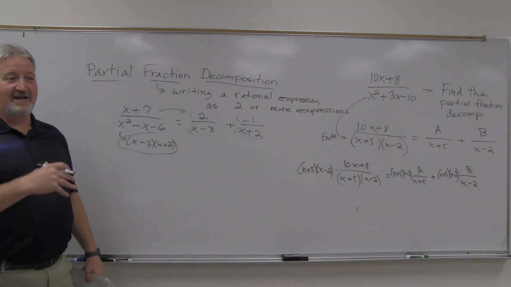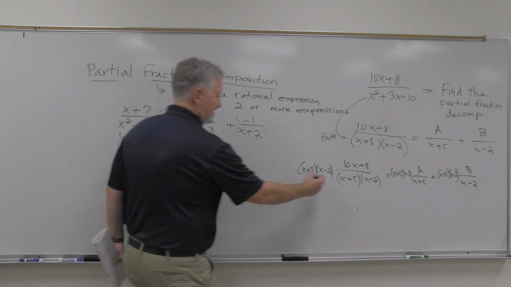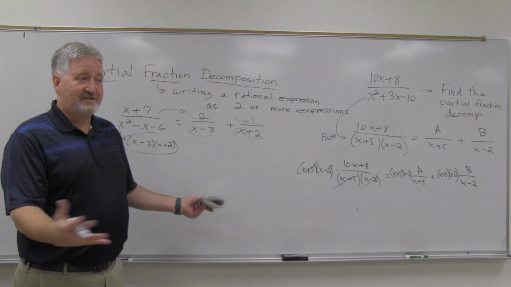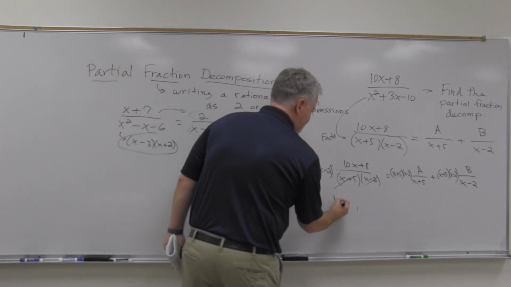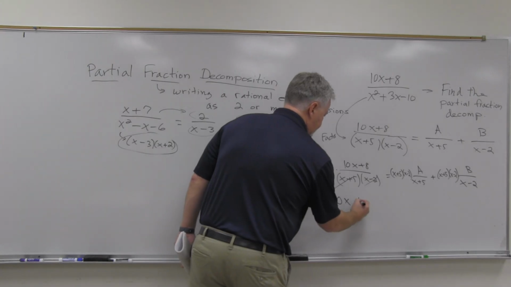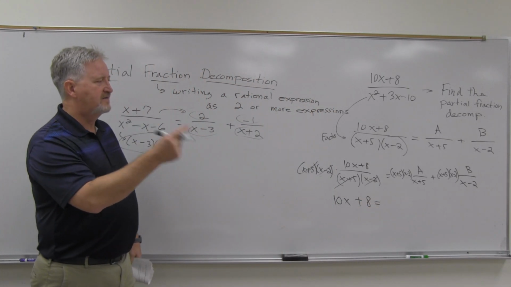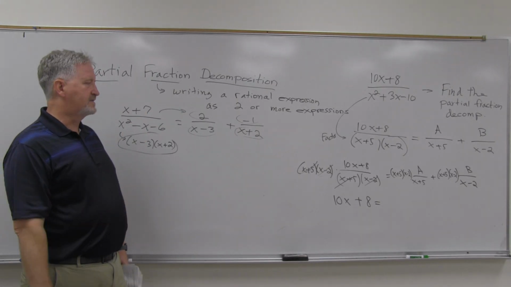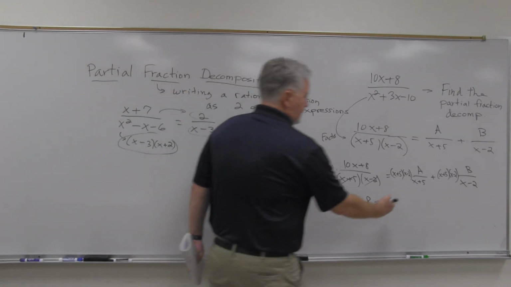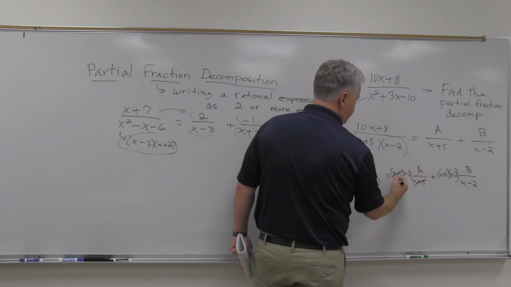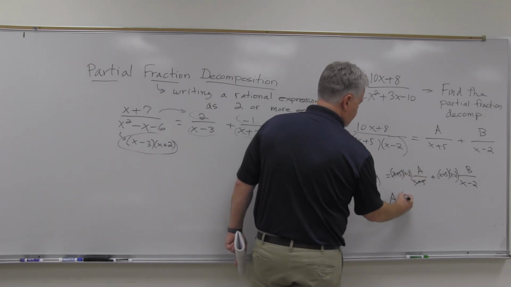Now, what happens on the left side? Really nice things happen. The x plus 5 and x minus 2 all cancel out, so the left side is now just 10x plus 8. The right side is not quite as nice, but still nice. When I multiply the A over x plus 5 by that, the x plus 5s cancel out, so let's write that as A times x minus 2.